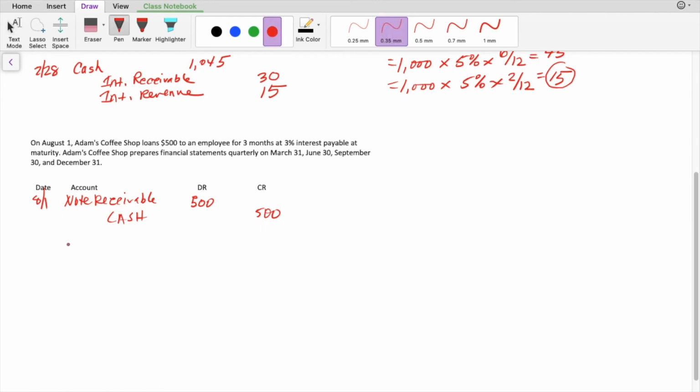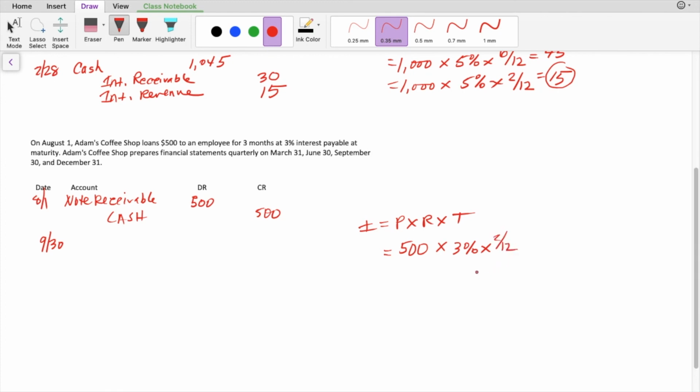Then, the next date that we care about will be September 30th. That is a financial statement date. That is an adjusting entry date for us in this scenario. So we need to know how much interest do they owe us. So the interest is going to be equal to the principal of $500, the rate of 3%, and the time. In this case, we have 2 months out of 12.